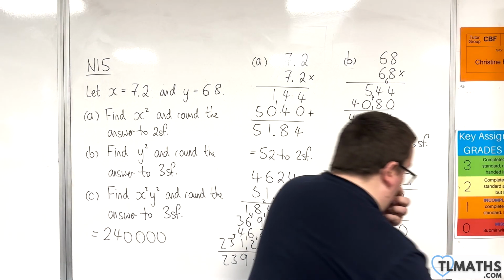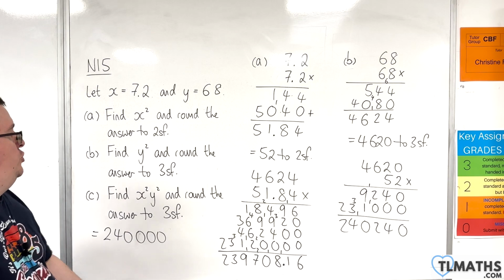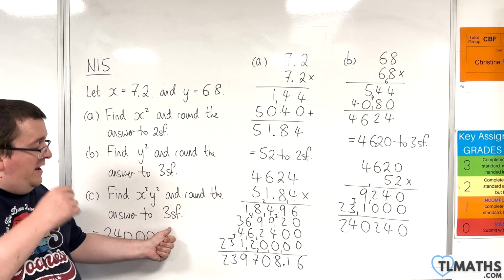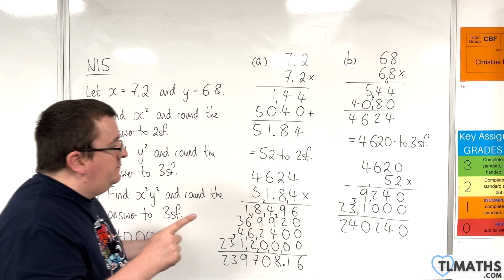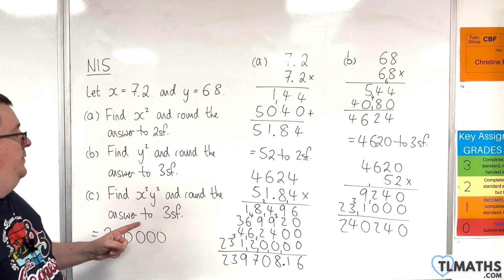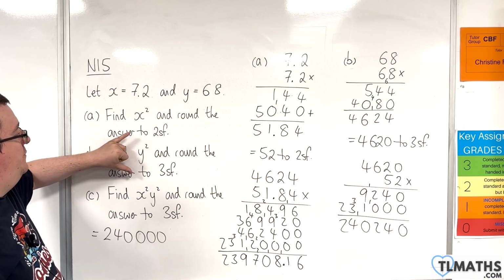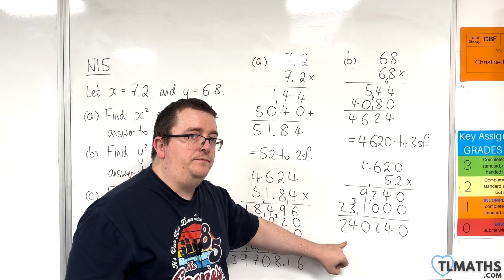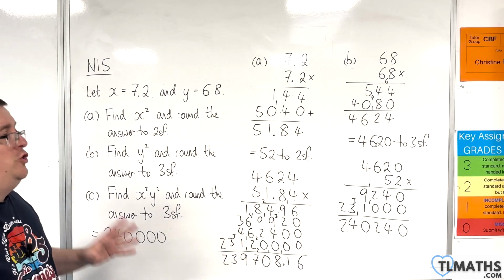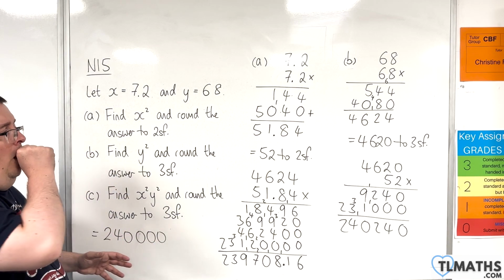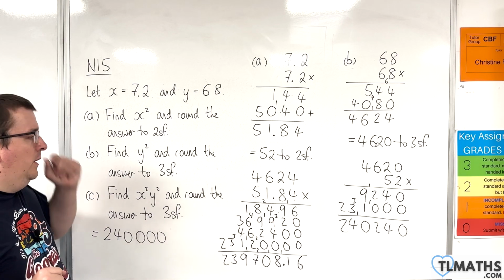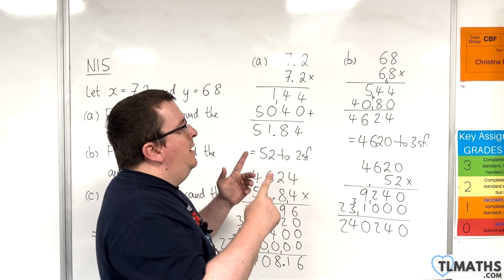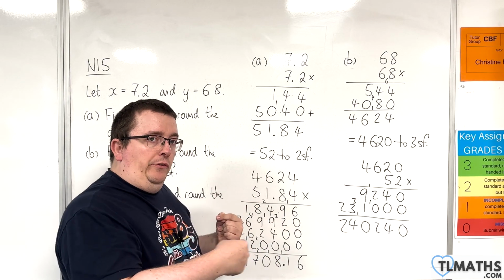But the key thing is that the question is asking you to find x squared times y squared, and then round the answer to three sig fig. It's not asking you to use the rounded versions of part A and part B and then round your answer. A question wouldn't ask you to do that because it's embedding rounding errors.